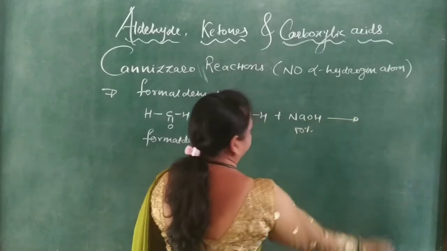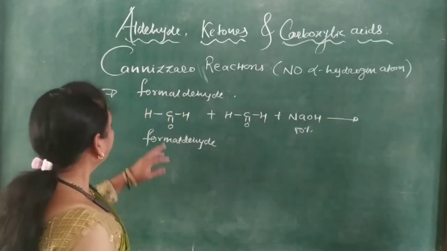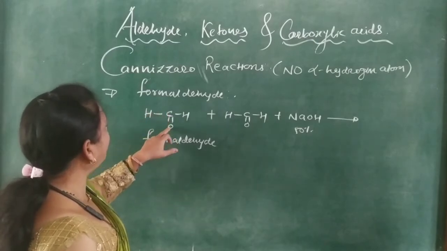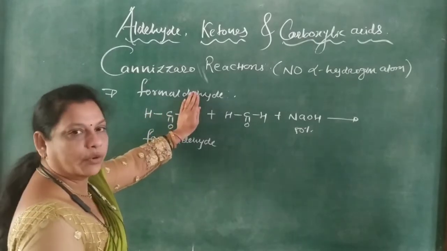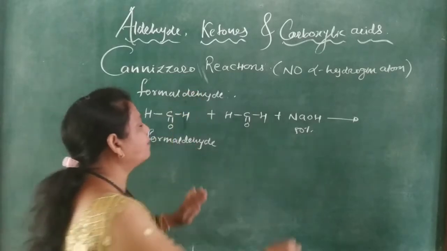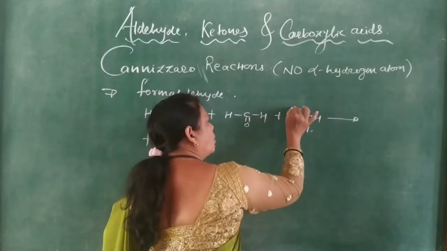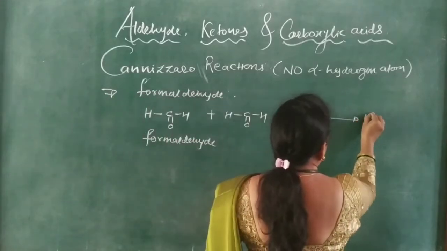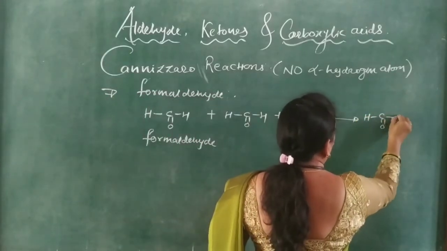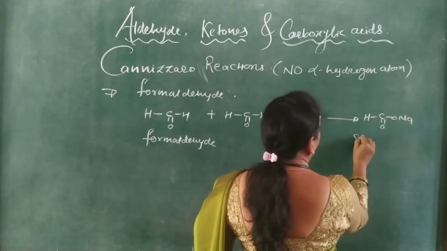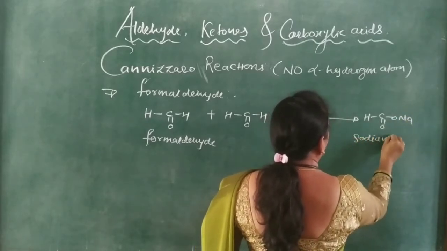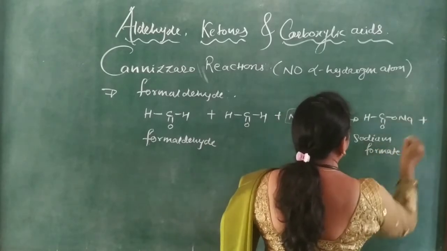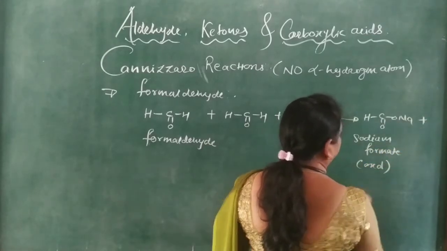Then in this formaldehyde molecule, HC double bond O, this H gets removed, meaning it is oxidized, and from NaOH, ONa combines with this carbon to form HCOONa, and this is called sodium formate. This is the oxidized product.